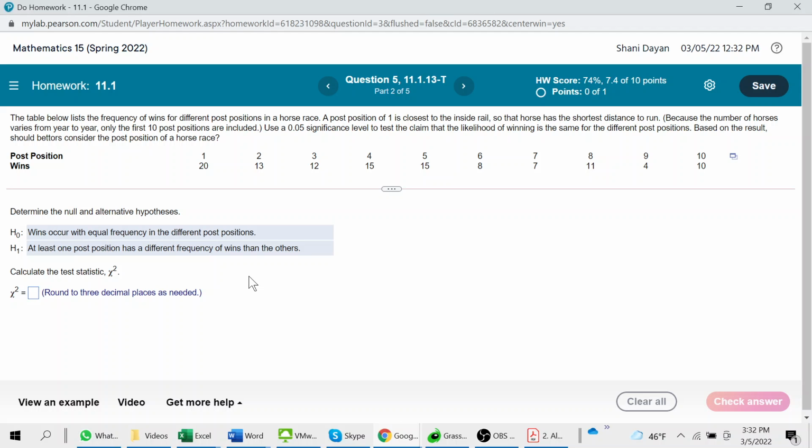Now the test statistic. Let me put all this in my calculator: 20, 13, 12, 15, 15, 8, 7, 11, 4, 10.